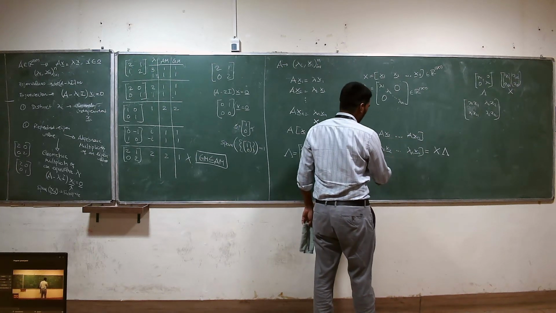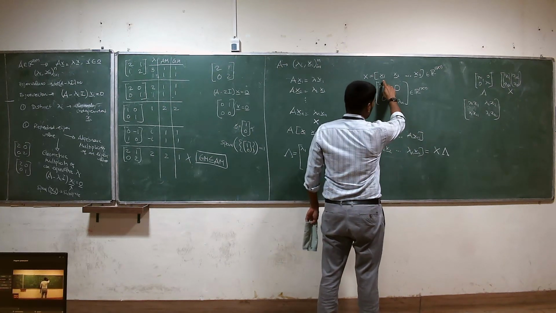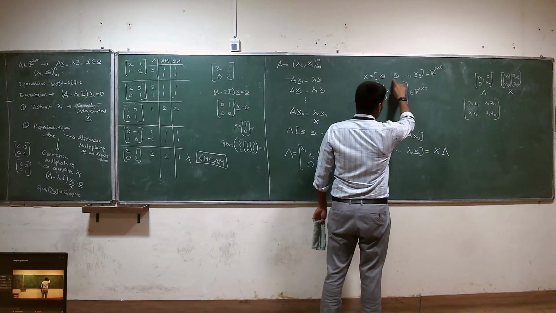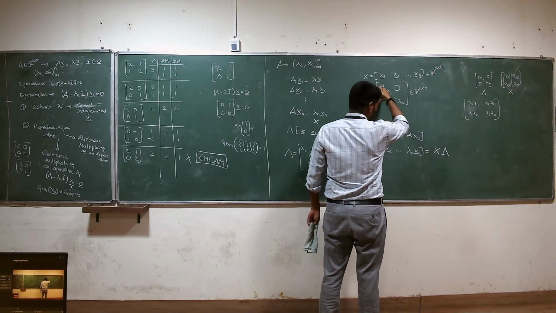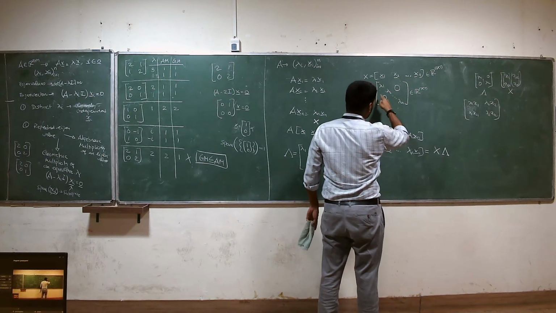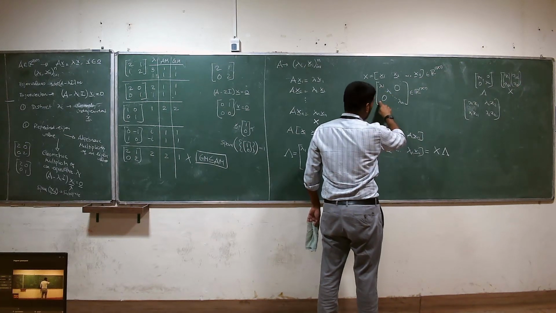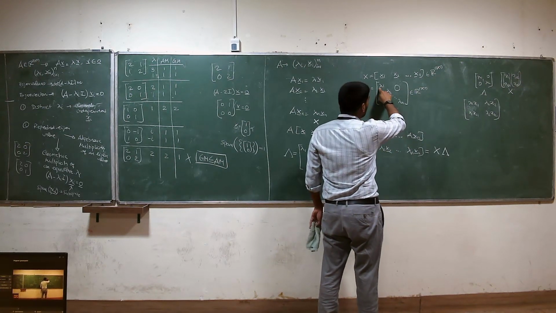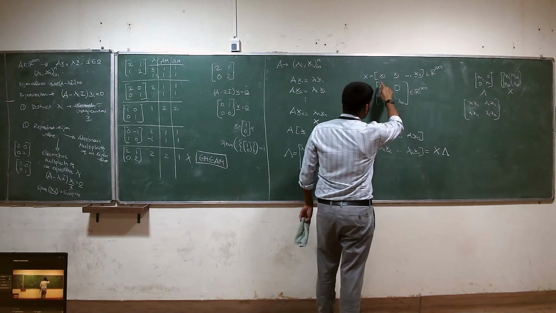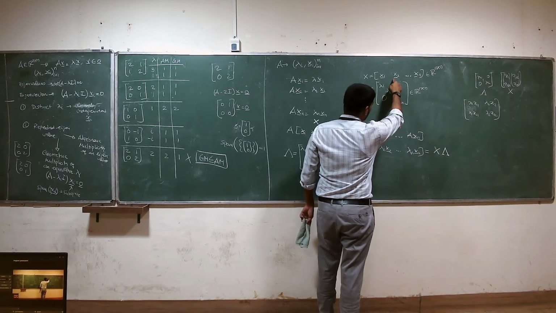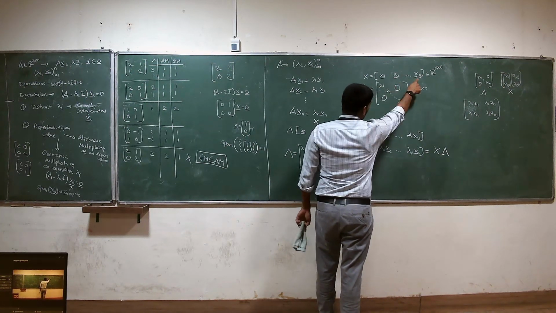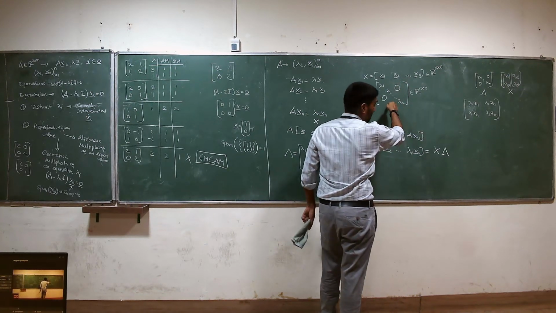The first column of this product is the linear combination of the columns of x with the mixture coming from the first column of lambda. The first column of lambda has all 0 elements except for the first one. That means the resulting product for the first column will only include x1. So it will be lambda 1 x1. Now the second column will be linear combination of these with the second column of lambda.